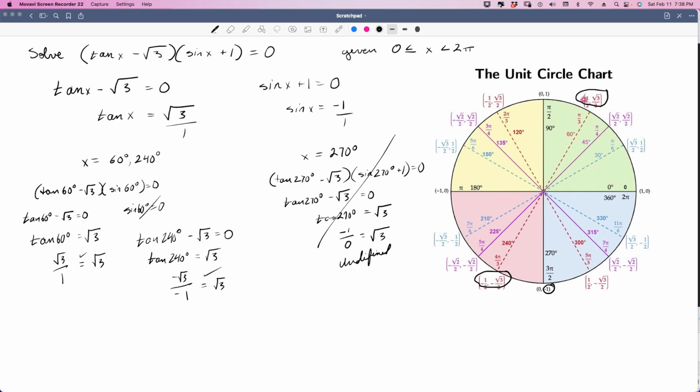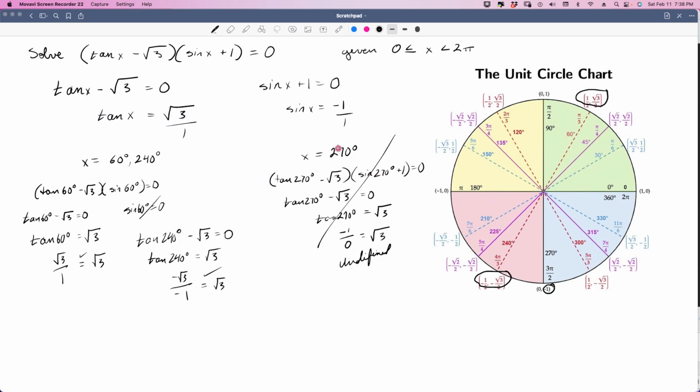So then we look around our unit circle and we find square root of 3 over 1. Remember, it's opposite over adjacent for tan. So that would be at the 60 degree mark, and then we went around the circle, we found the negative square root of 3 over the negative 1 would make it a positive, and that's at the 240 degree mark. So 60 and 240 degrees for the tan of x equal to the square root of 3.